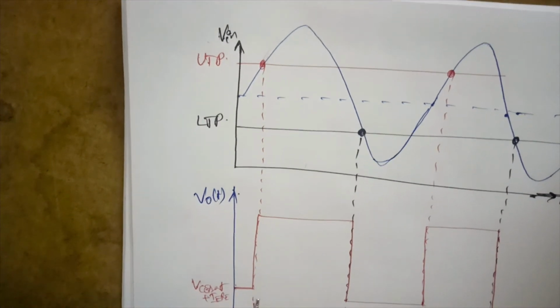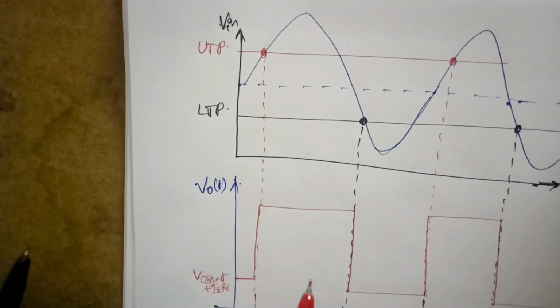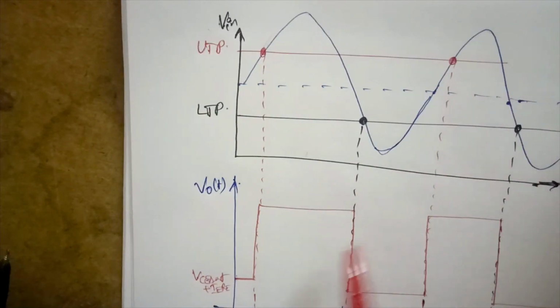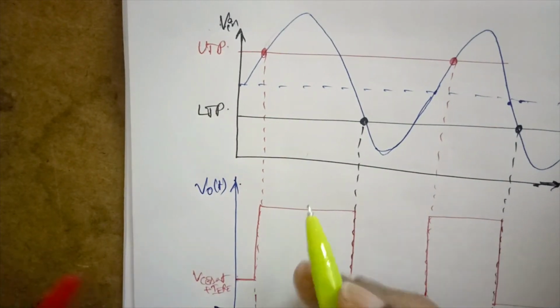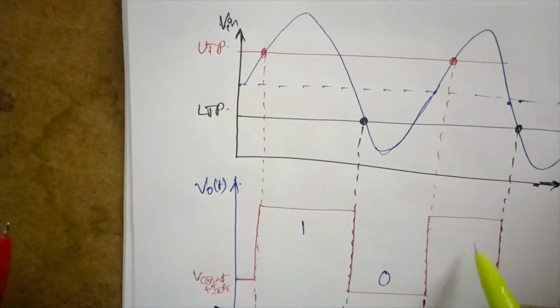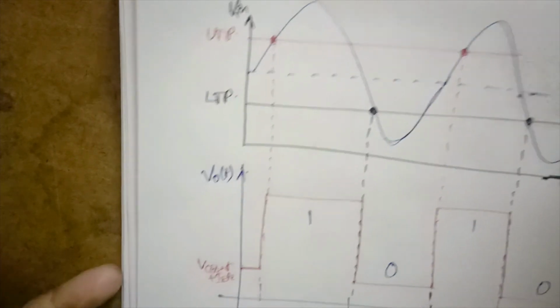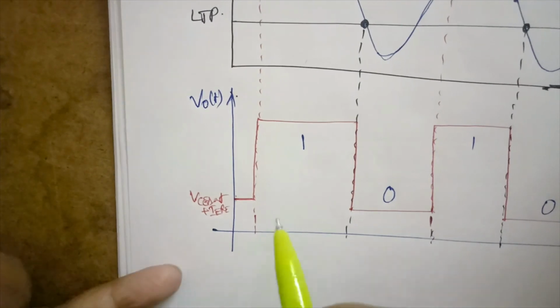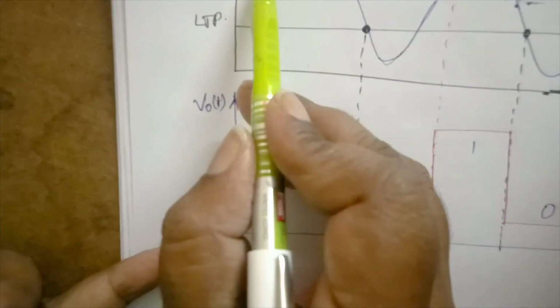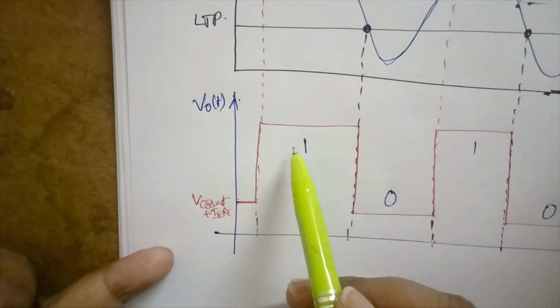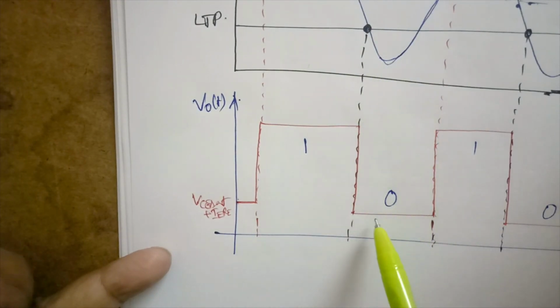So the Schmitt trigger is a circuit which converts an AC waveform into DC. It consists of only high and low signals alternately. So it is used as a comparator circuit. Greater than UTP, one transistor is on; less than LTP, the other transistor is on.